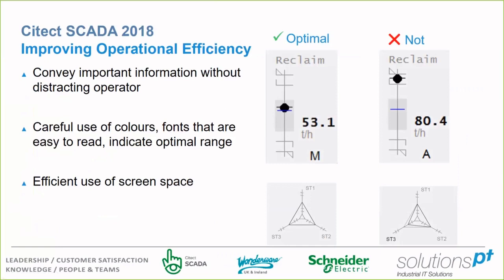So essentially what we're looking at is situational awareness. It's quite easy to look at these two reclaims and quickly identify that the one on the left-hand side is more optimal, within operational limits, as opposed to the right-hand side, which is already at the top. This is because situational awareness objects aren't just about providing a grayscale type object.